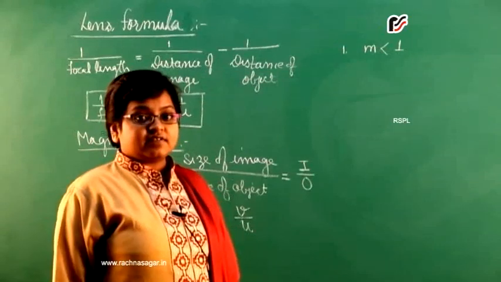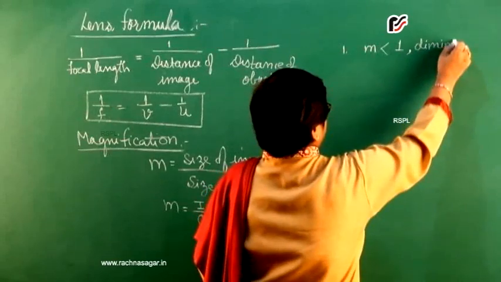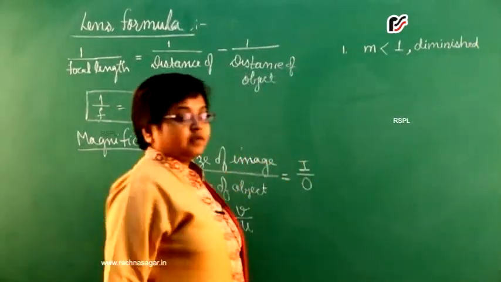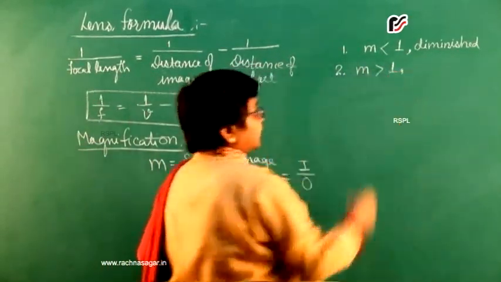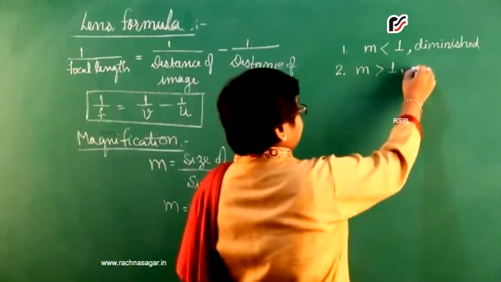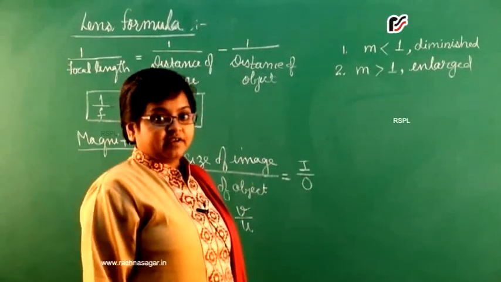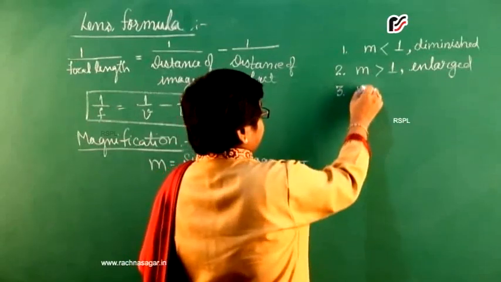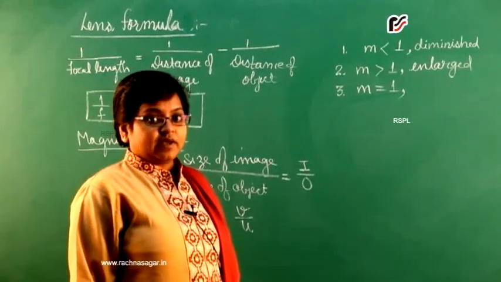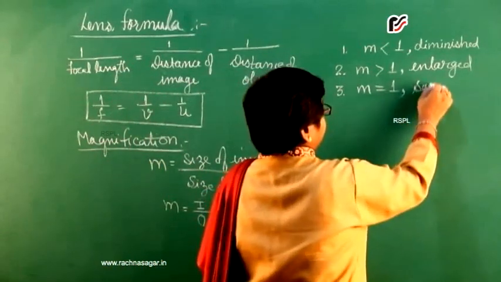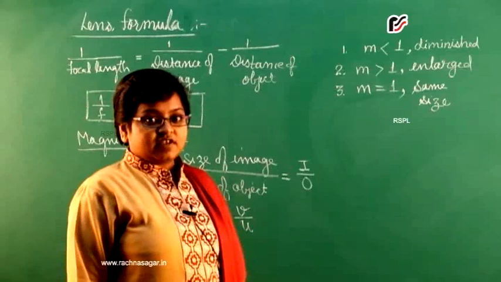If M is less than 1, image is diminished. Case 2, if M is greater than 1, the image is enlarged or magnified. Case 3, if magnification equals 1, the image is of same size.